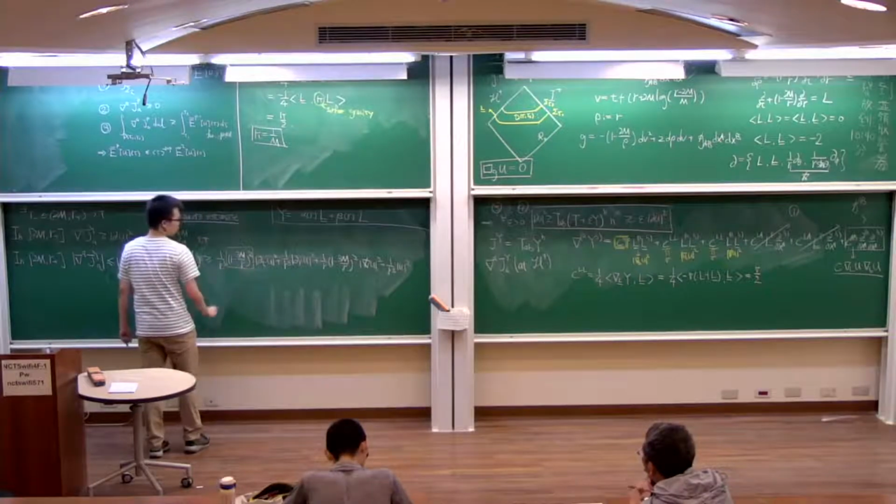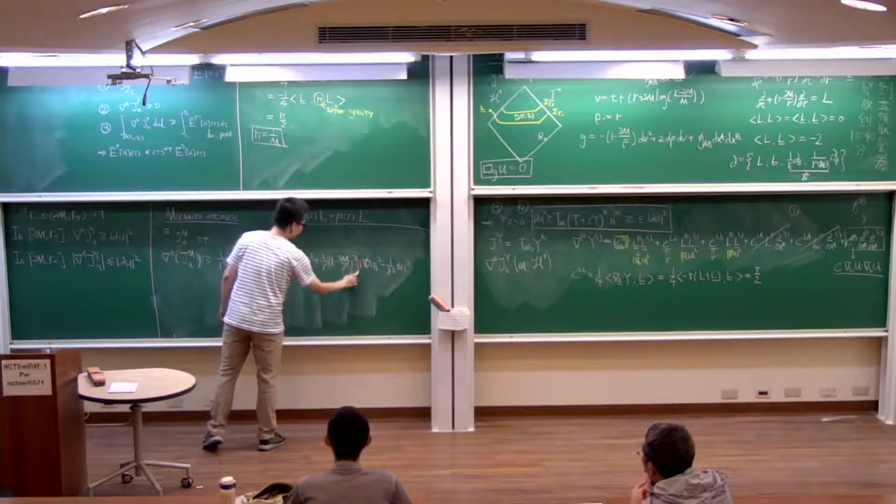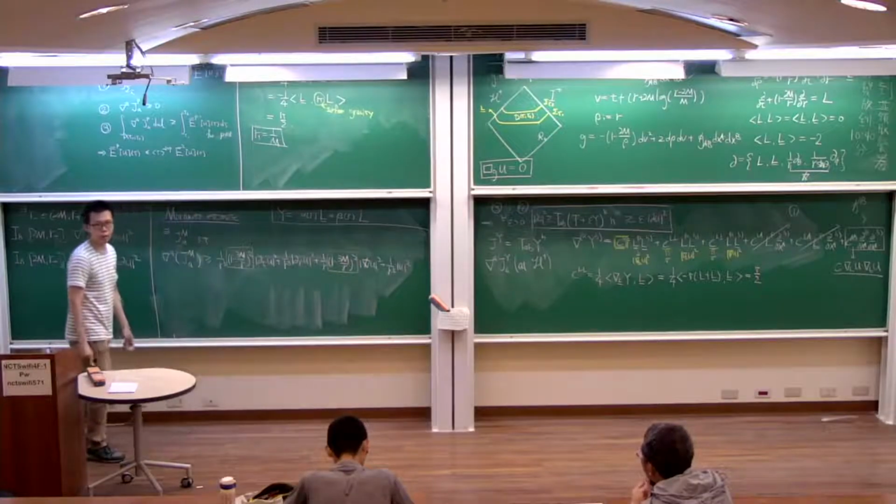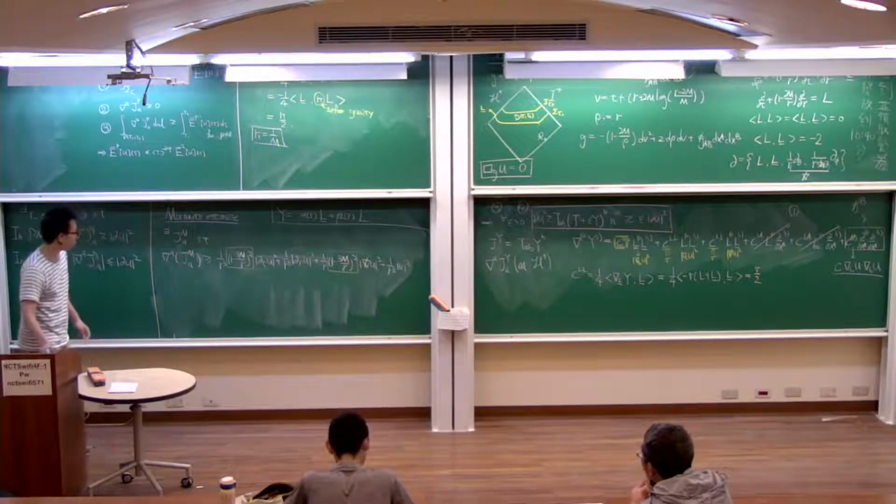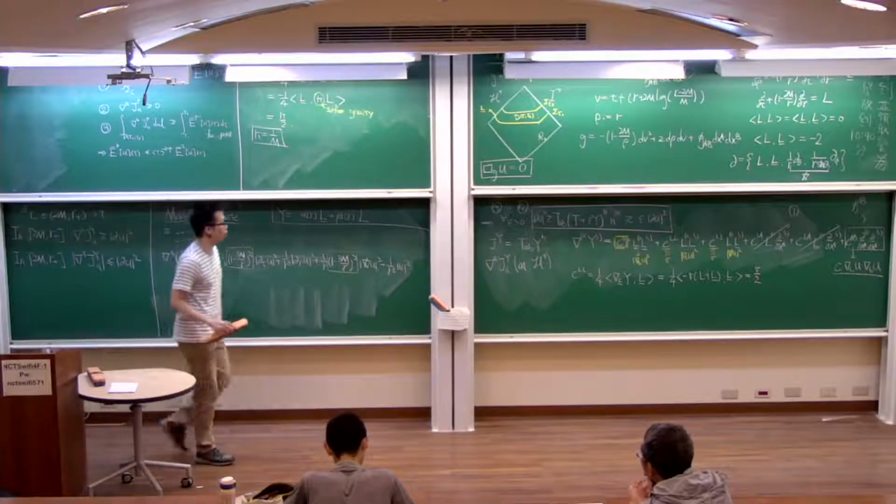The main difference from the Minkowski case is this factor, 1 minus 3m over r. And it needs to be there.